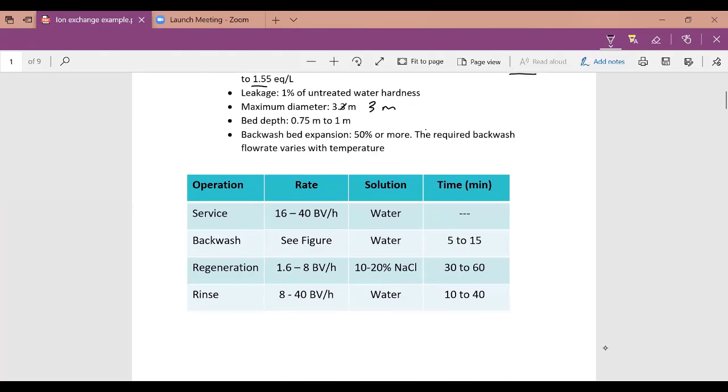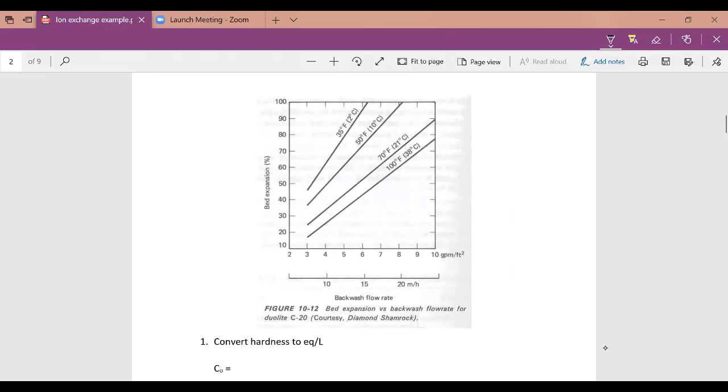The manufacturer also provides information about your service flow rates, your backwashing, regeneration, and rinsing. And we'll go through all of this information as we work through the problem. It also provides a plot for the bed expansion as a function of temperature and provides your flow rates.